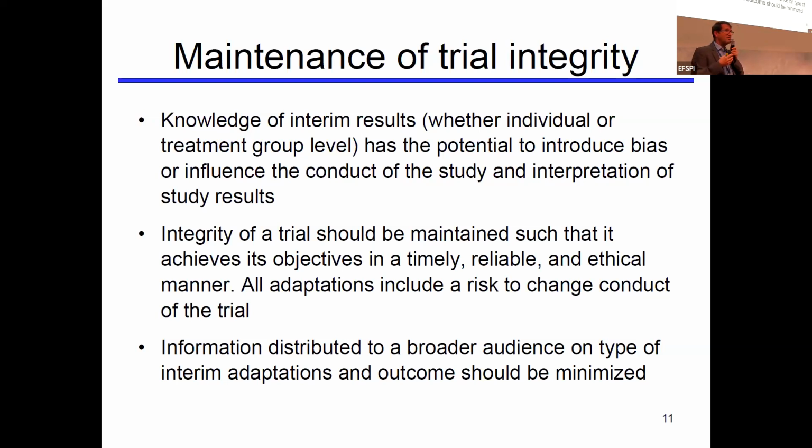But you often cannot avoid that something leaks out because people know you do an interim analysis for futility. And when the trial continues, they may start thinking about what you have seen, and now everything is glorious. And they might start enrolling different patients than beforehand, and already you have an issue. So you have to be very careful with that kind of information.